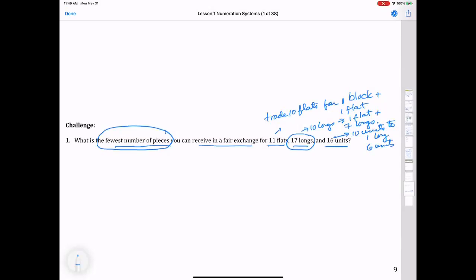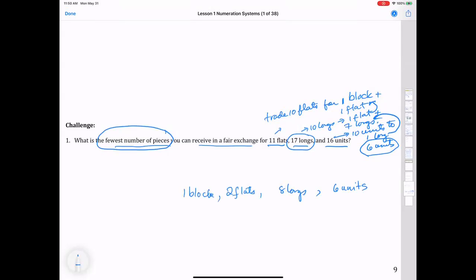Let's see, what does that look like? So you have 6 units. One long will be added to 7 longs, so that will be 8 longs. One flat will be added to one flat, so you have 2 flats, and you have a total of 1 block.